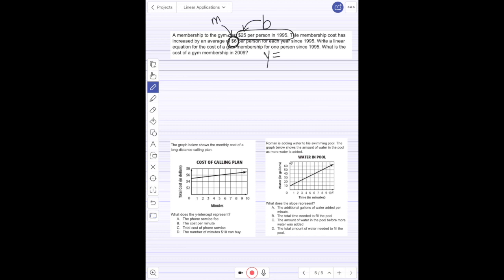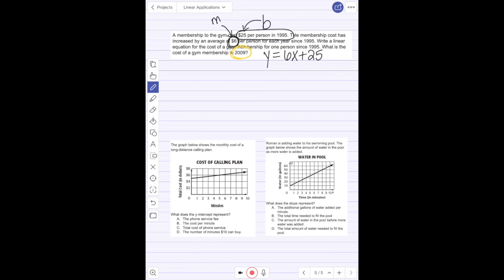So my equation is y equals 6x plus 25. So let me explain it one more time. The membership fee started out as $25 in 1995, but every year it increases by $6. That's the repeating value. So what they want us to do is calculate how much it's going to cost in 2009.